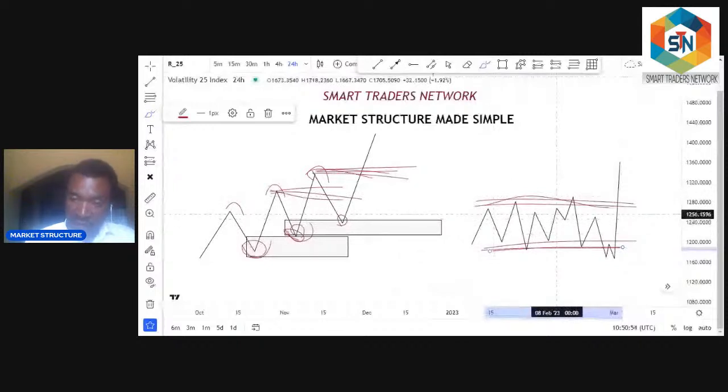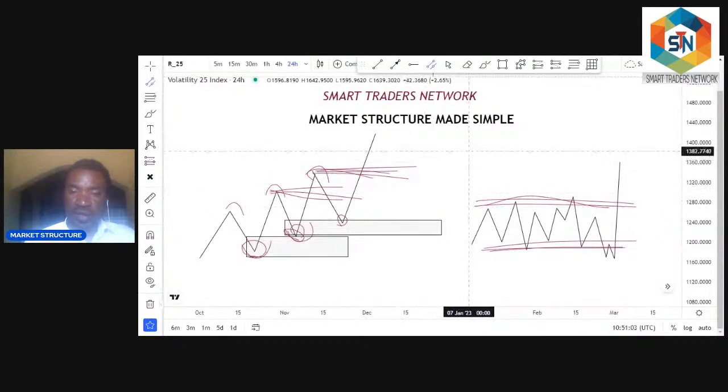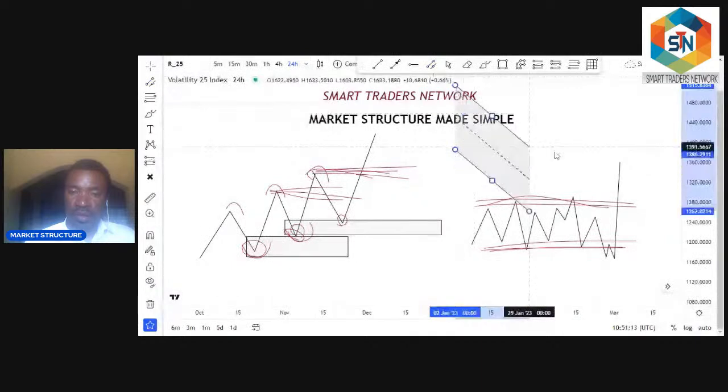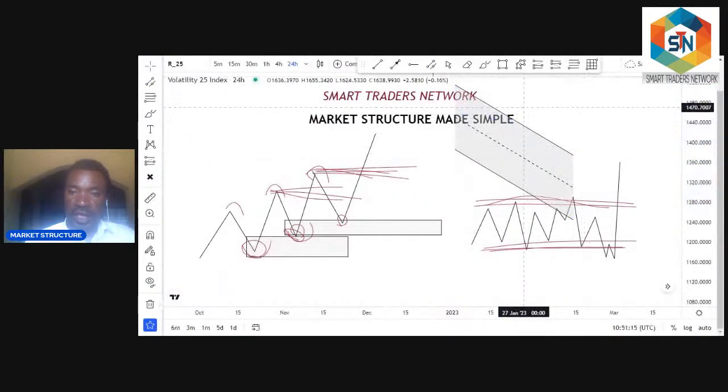Price tends to stay within a channel. Sometimes price gives you something like this, and then price tends to give you something like this in a channel.